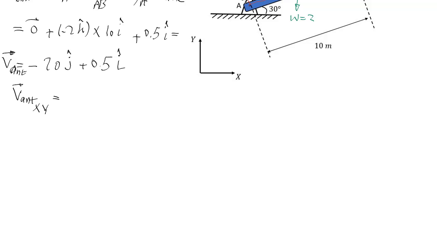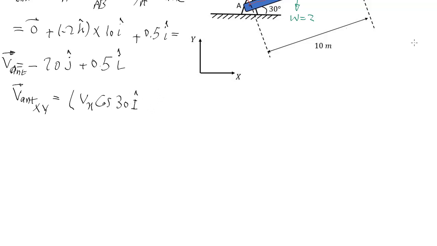Or we can just project the vectors one by one along the x and y direction. So V ant in the xy inertial frame is going to be Vx times cosine 30 in the capital I direction.